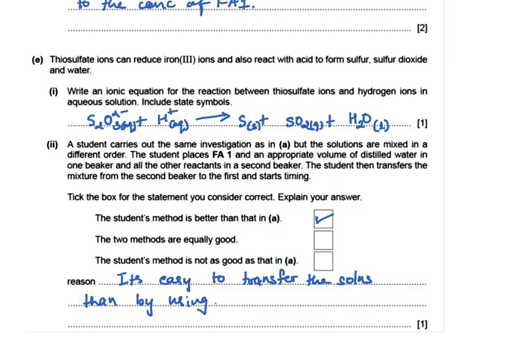So that is better and gives a quick result. So give any valid reason and you'll get your marks. I hope this worksheet solving will be very useful to you.